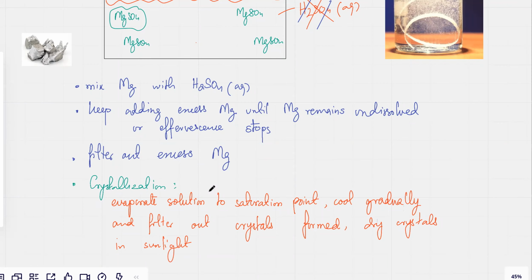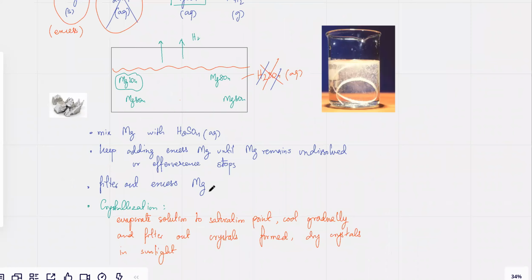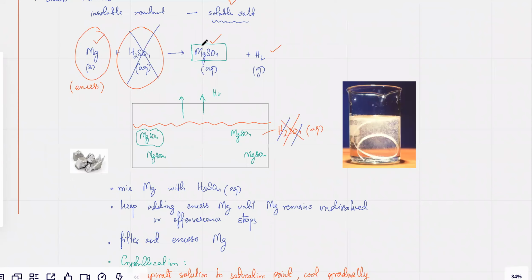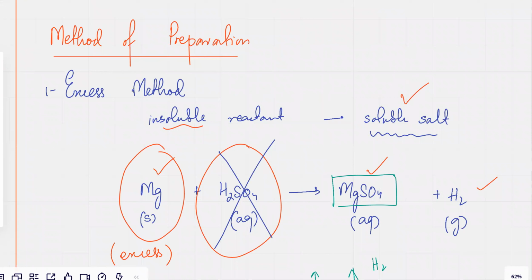So is this all clear? Yes, sir. So the excess method is used whenever you're trying to form a soluble salt from an insoluble reactant. Every time, the insoluble reactant is always in excess. This is the one that should be added in excess.